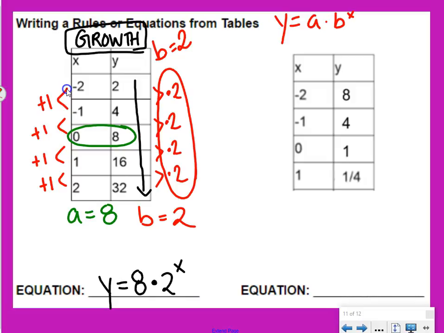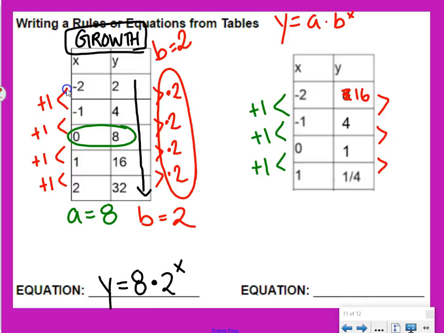Now let's look at our second equation. Check your x values, make sure they add up by 1, which they do. Second, we need to look at our y values. First off, there is a small typo. We want to change that 8 to a 16. Now we want to look at how our y values are changing.